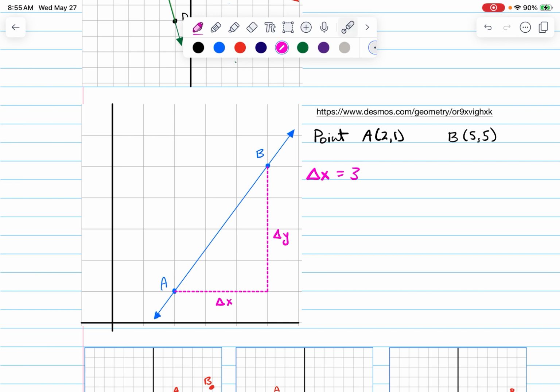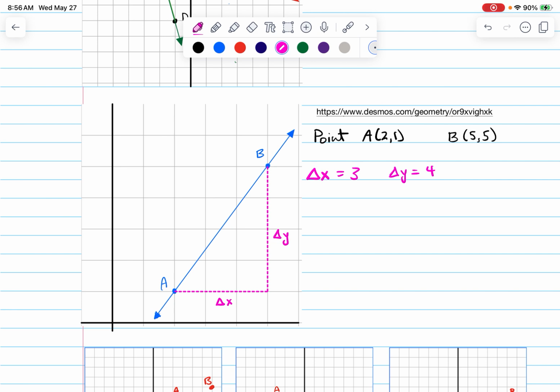Then to get up to B, we go 1, 2, 3, 4. So from A, we go over 3, delta x, and then from there, where we're right under B, we go up 4. I'm going to call delta y 4.